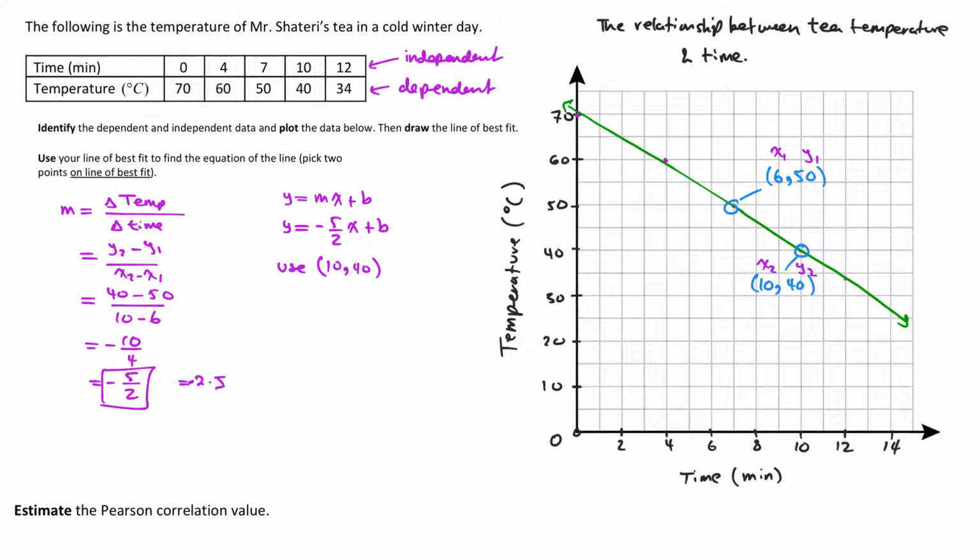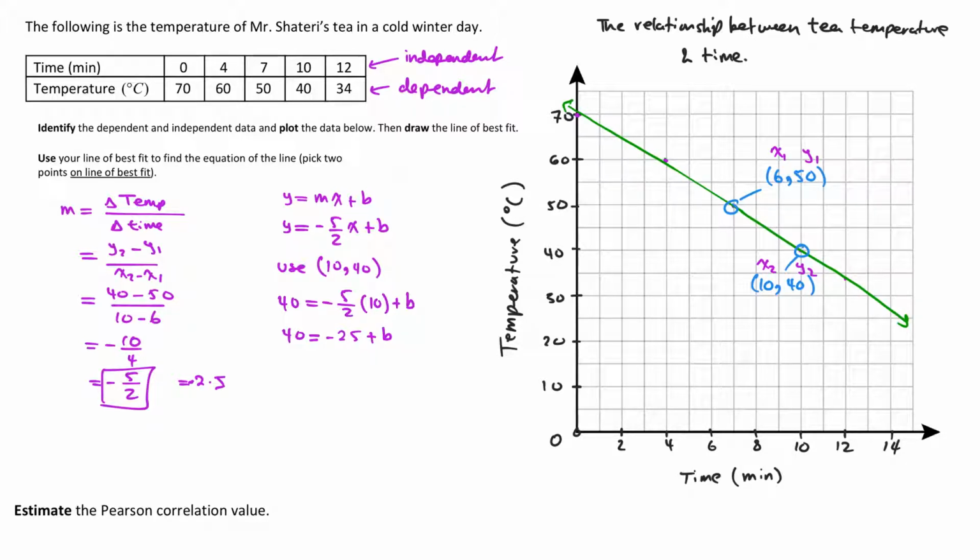So in this point over here, this value is my y and this one is my x. So I will replace the y with the 40 and the x with 10 and solve for my unknown, which is the b. So 40 will equal negative 5 over 2 times 10 plus b. Again, 40 is my y value and 10 is my x value. So once I do the math over here, I get negative 50 over 2, which is negative 25, plus b.